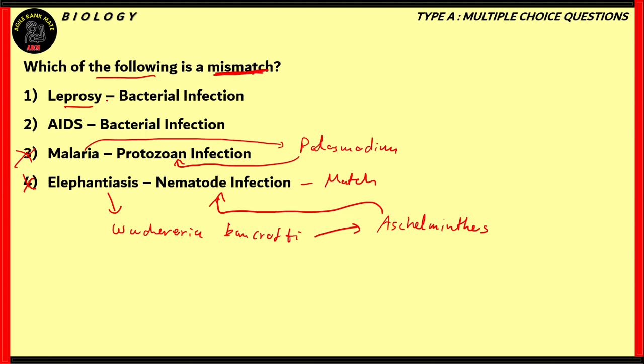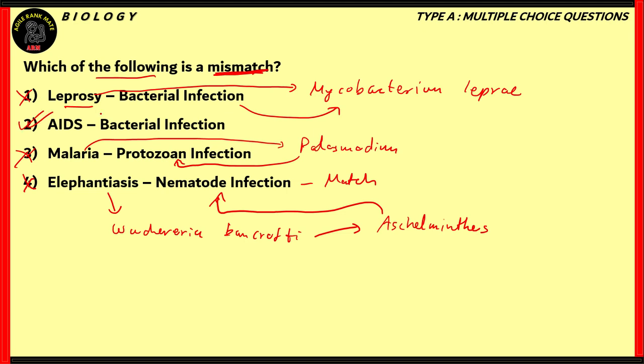Option 1, leprosy. What is the causative agent of leprosy? It is Mycobacterium leprae. So that of course proves that leprosy is a bacterial infection. So since the 2 parts match, then that option also turns out to be incorrect.